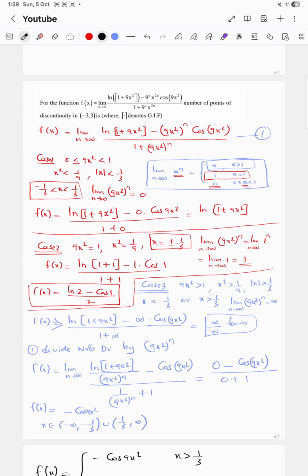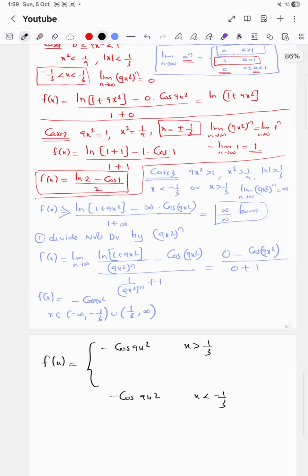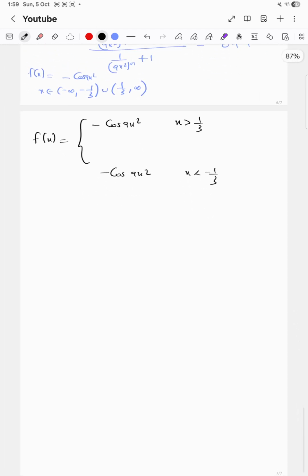Okay. At 1 by 3 and minus 1 by 3 it will be log 2 minus cos 1 by 2. When x is 1 by 3, and when x is minus 1 by 3 also, it is the same.